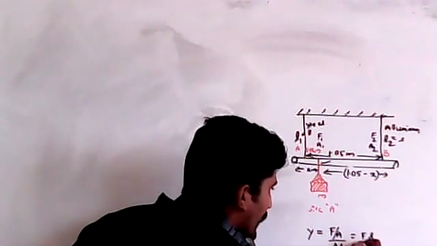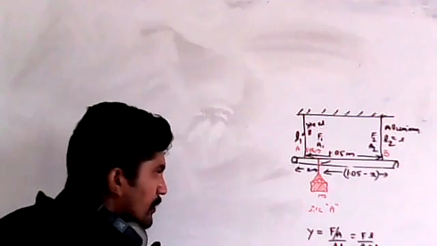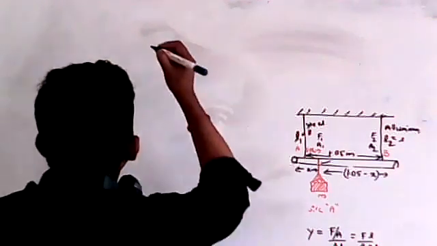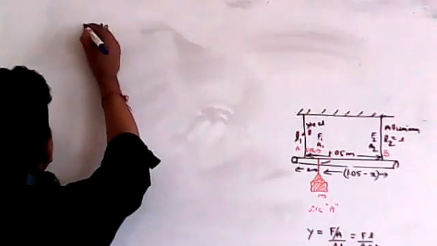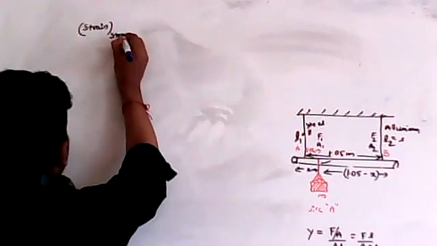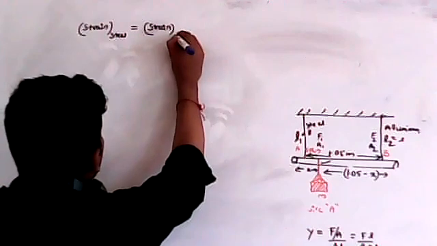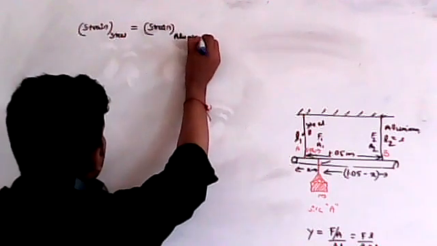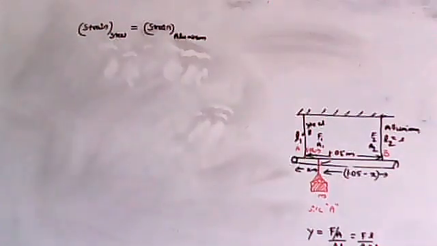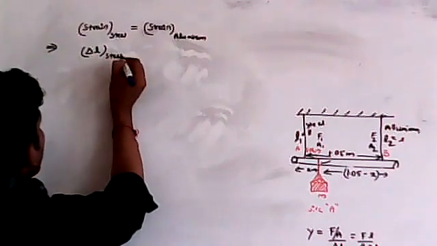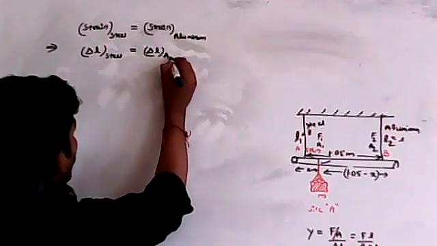In other words, F into L over A into delta L. But if I want to calculate strain, I have to write F into L over A into Y. But remember, students, what they told: strain in the steel wire is equal to strain in the aluminum. Mathematically, delta L in steel is equal to delta L in aluminum.